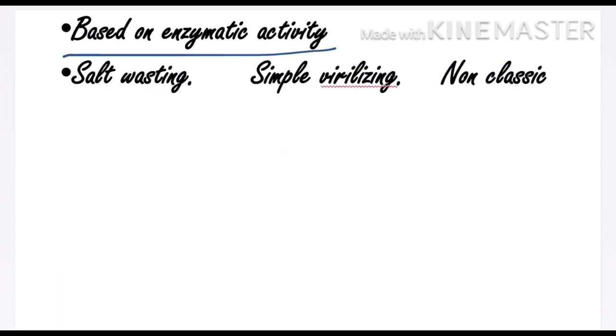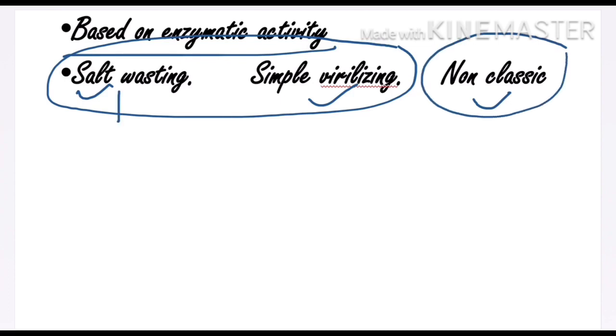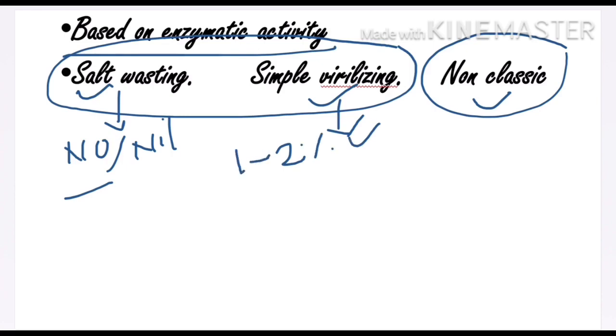Based on enzymatic activity, we have the salt wasting form, the simple virilizing form and the non-classic form. The first two are called the classic type and this is the non-classic type. In the salt wasting form, no or nil enzymatic activity is present. In the simple virilizing form, 1 to 2% enzymatic activity is present, and in the non-classic form 20 to 50% enzymatic activity is present.